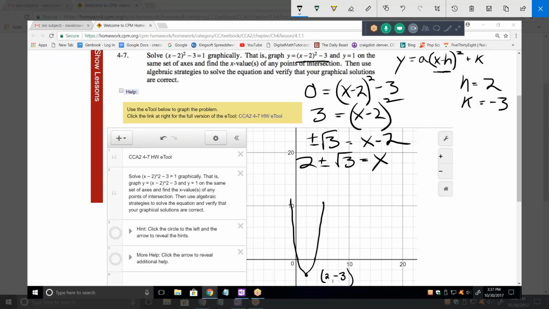And now they said also graph y equals 1 on the same set of axes. Well, what does that look like? What does y equals 1 look like? Is it a vertical line or a horizontal line? It'll be vertical. No, horizontal.